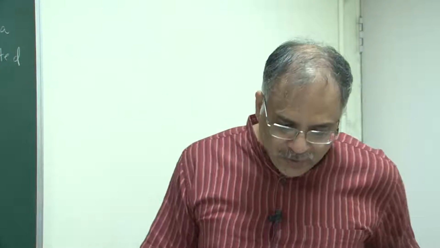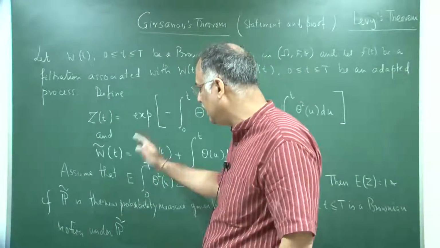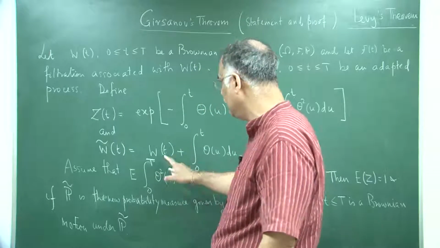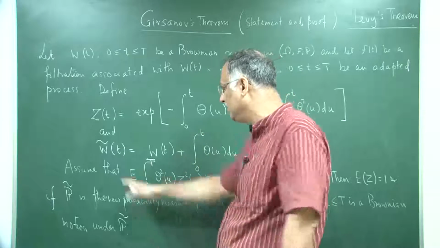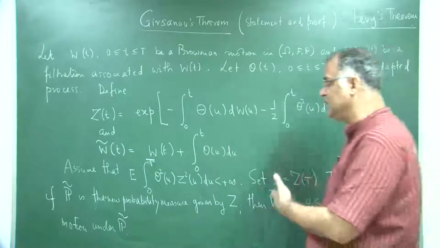So, that is exactly what we have to show. We will show first that W tilde starts at 0. Obviously, if you put 0 here, this goes to 0, W0 is 0, so W tilde is 0. Then you have to compute its quadratic variation and show that it is t.